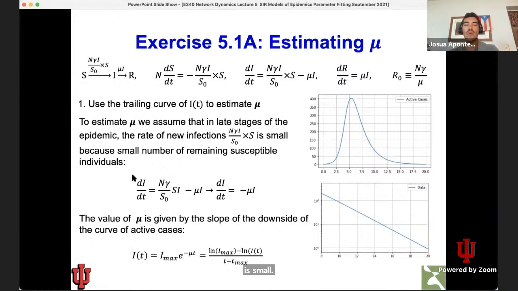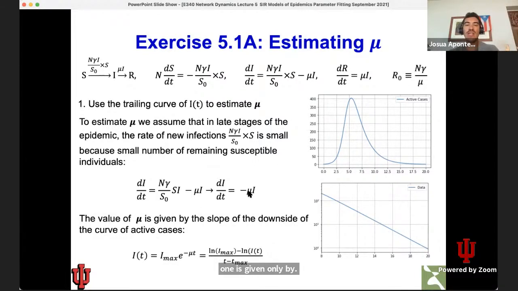Given that assumption, the rate of change of the infectious curve is given only by minus mu times I.